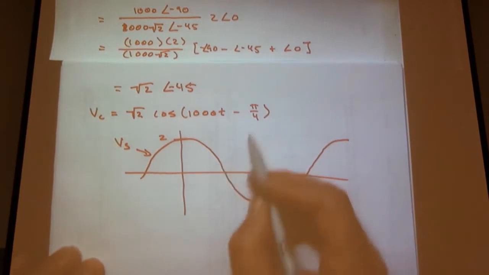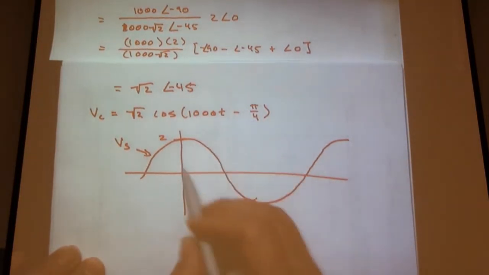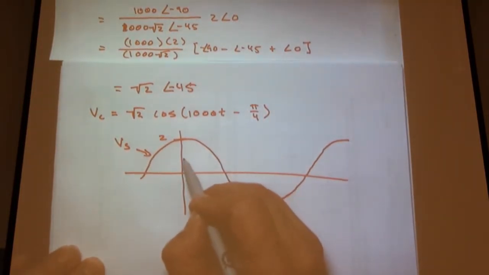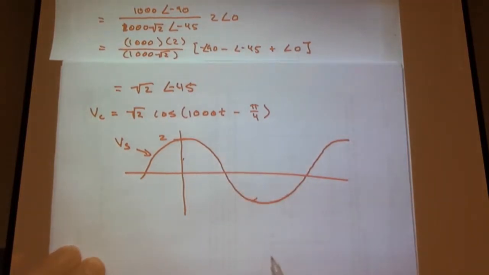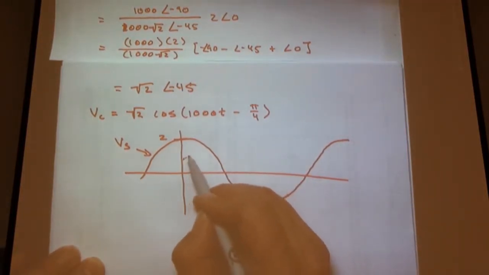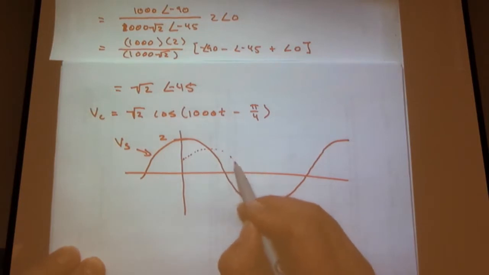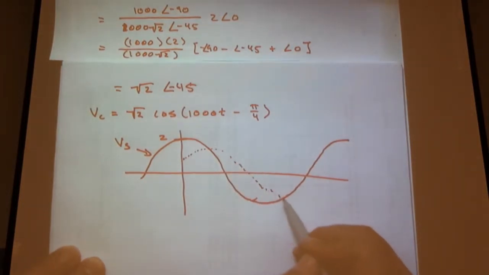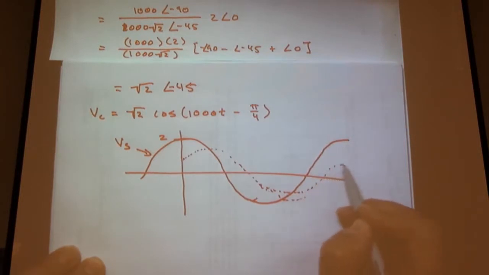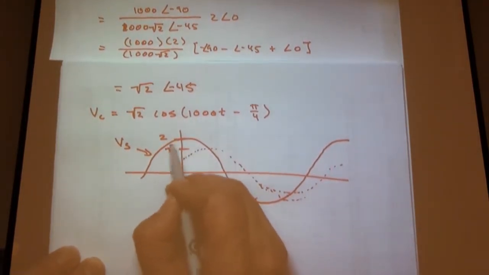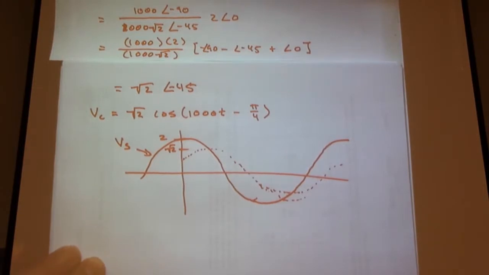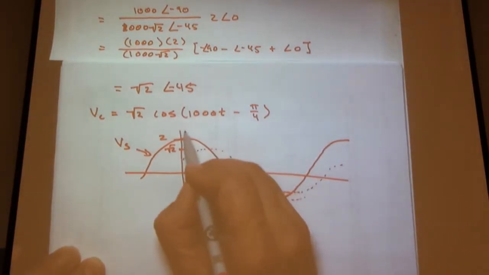And what do we wind up with for our capacitor voltage? Well, a lower amplitude and a shifted phase. I'm probably going to draw this very poorly. I tend to do that. Oops. Lower amplitude. And so we have an amplitude of square root of 2, 1.4, and a phase shift of 45 degrees.